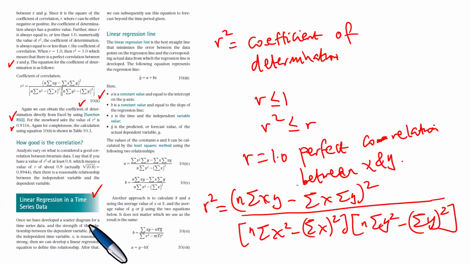Once we've developed a scatter diagram for time series data, and the strength of the relationship between the dependent variable y and the independent time variable x is reasonably strong, then we can develop a linear regression equation to define the relationship. After that, we can subsequently use the equation to forecast beyond the time period given.